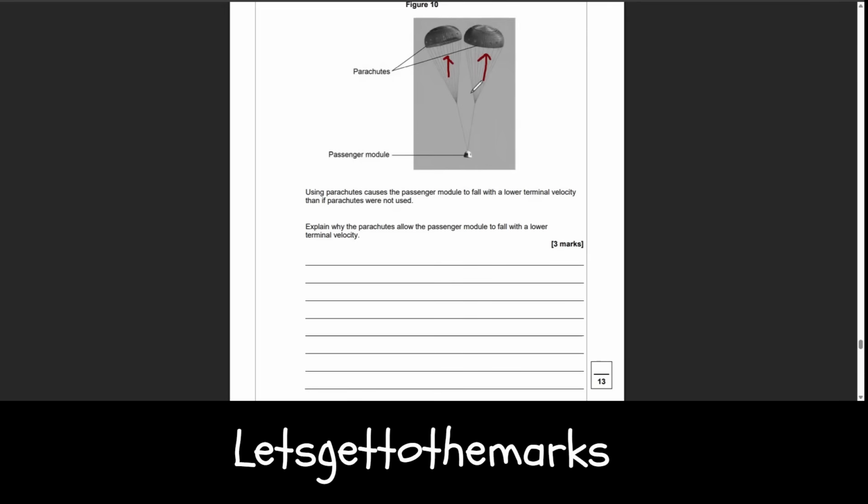There was a bigger drop in the speed than would have been with the passenger module alone because there's a greater effective area.